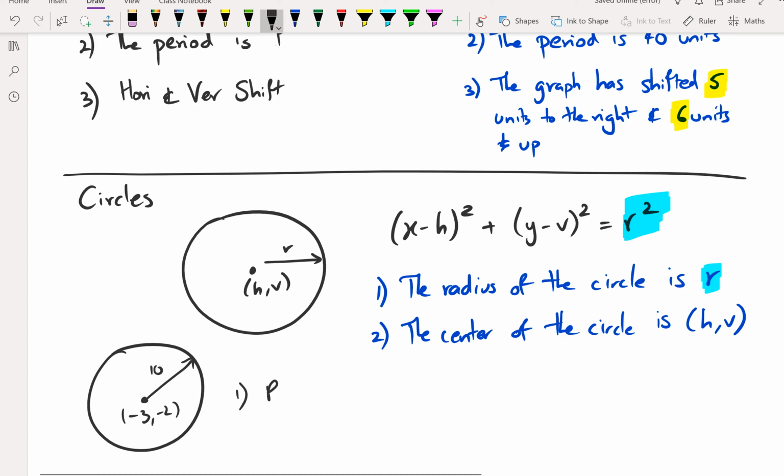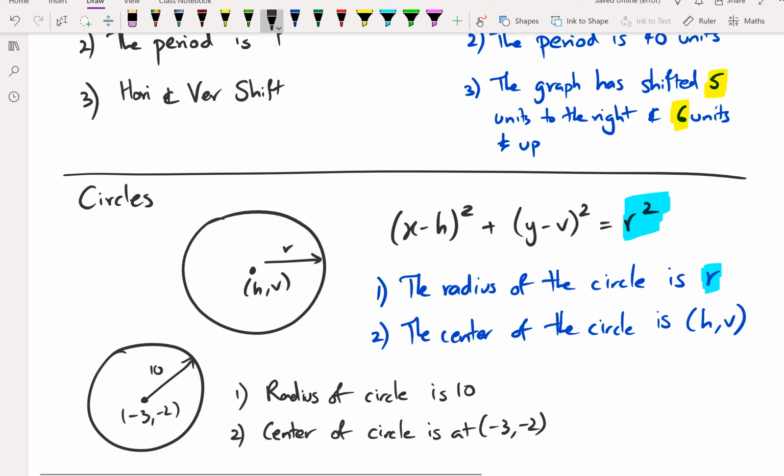Then I would say, number 1, the radius of the circle is 10. Number 2, the center of the circle is at -3, -2. Now, also remember, we can actually talk about the horizontal and vertical shift.